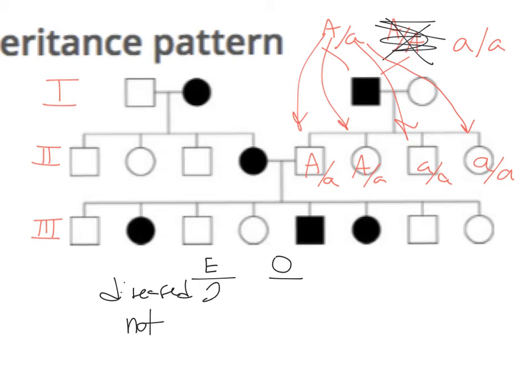We expected 2 diseased and 2 not. Their genotypes then morphed into their phenotypes. Anybody with a capital A should be affected. Anyone with a lowercase a should not. And we've observed 0 diseased for wild type. So, simple chi-square test.